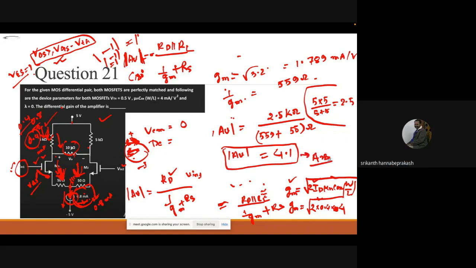Actually, the other student, I wanted to tell him that this entire derivation was simplified because of Miller's theorem. It is one of the theorems in network analysis, and it states that if an impedance is connected between the input and output nodes in an amplifier, having a reference node, then this impedance can be replaced by two impedances, one connected between the input and the reference node, and the other connected between the output and the reference node.